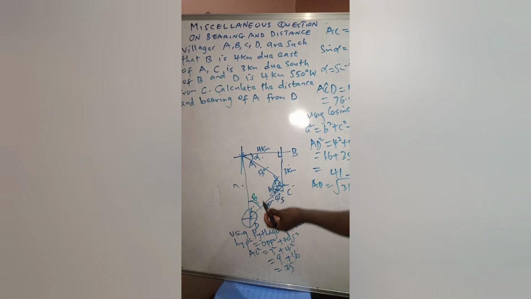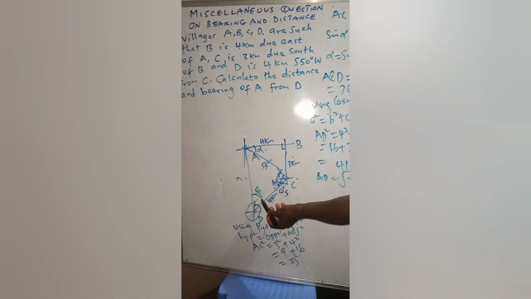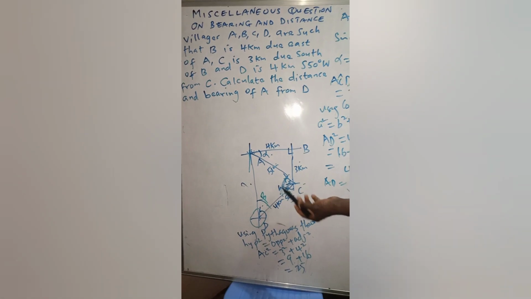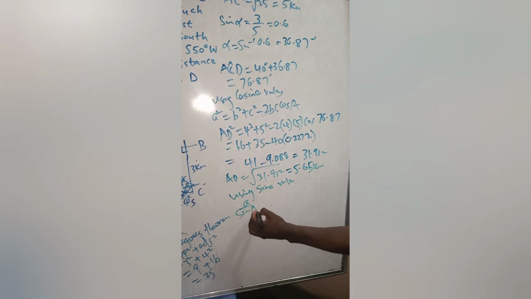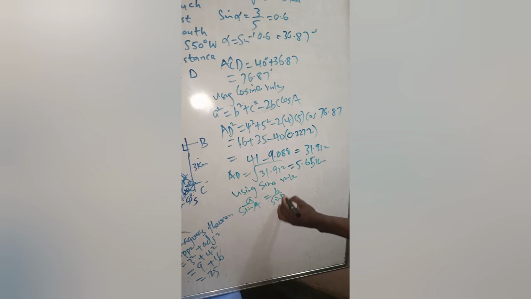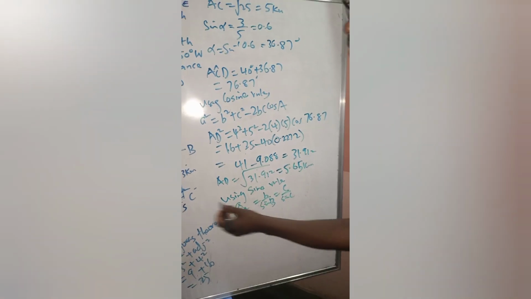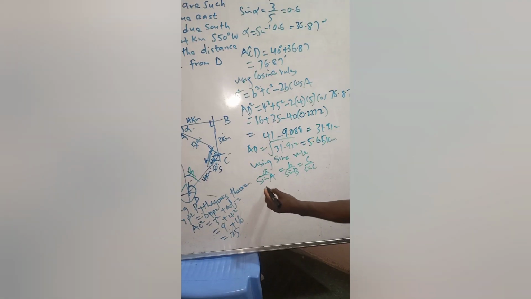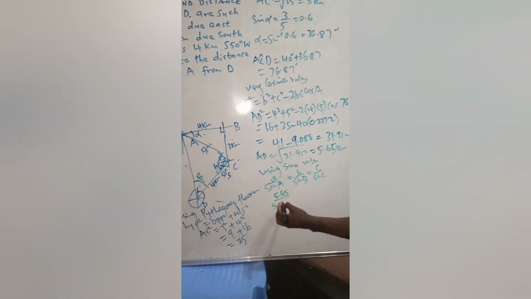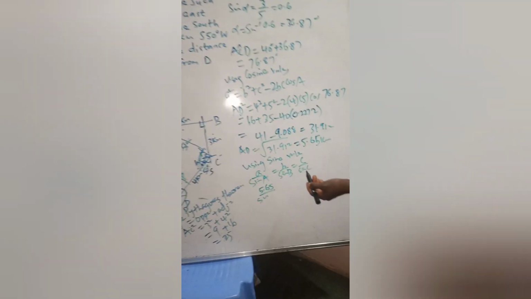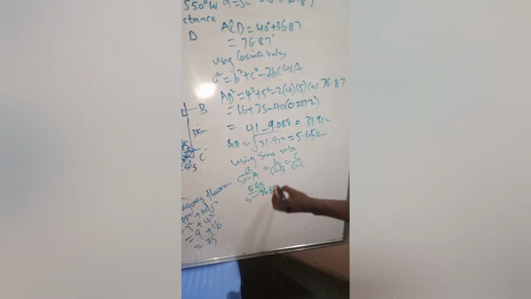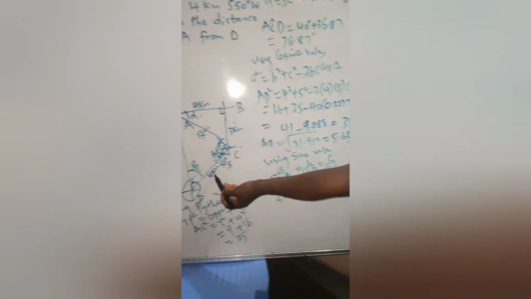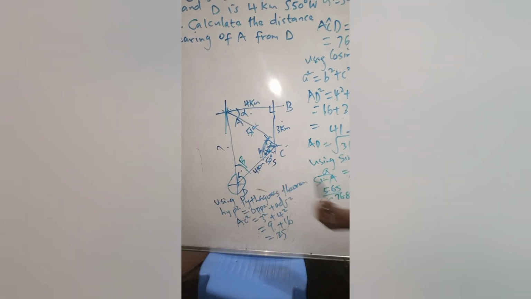I can use sine rule. 5 over sine beta is equal to this over this angle. So using sine rule, a over sine A is equal to b over sine B, equal to c over sine C. So AD, which is 5.65, over sine of this angle here, we got 76.87, is equal to 5 over sine beta.